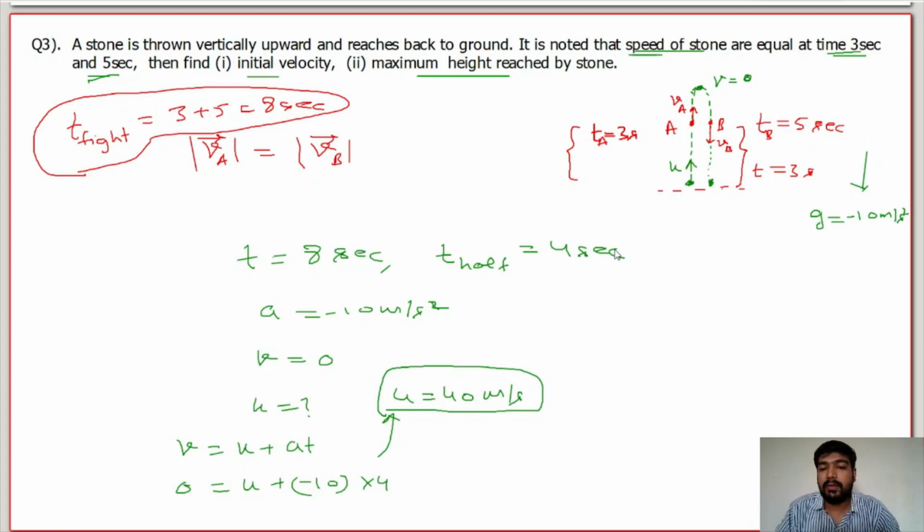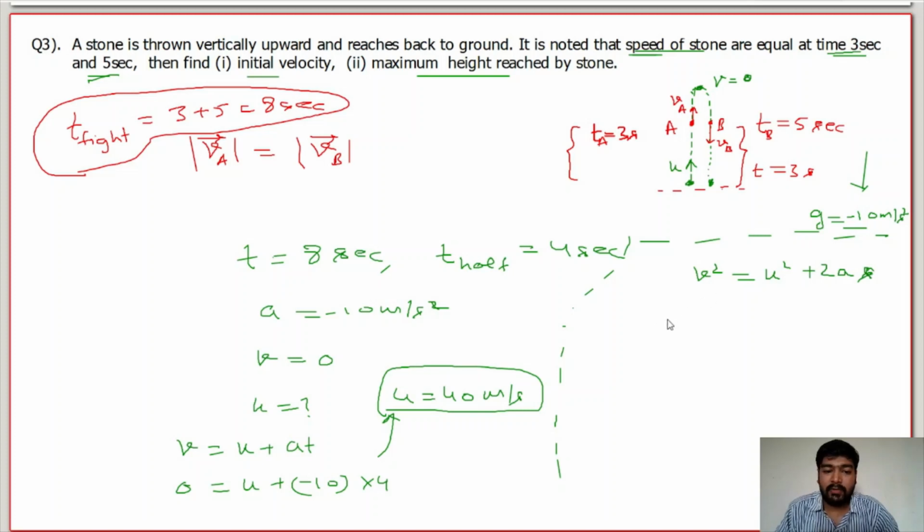And further we need to find the height. We will apply the third equation of motion here. That means v square equals u square plus 2as.